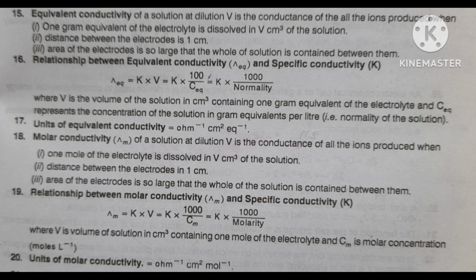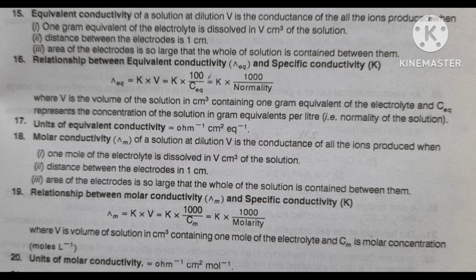Same way as what I discussed, here again there is a relation between molar conductivity and specific conductivity. All expressions will be the same, only the symbol is changing. Delta m is equal to K into V, and K into V is equal to K into 1000 divided by Cm.